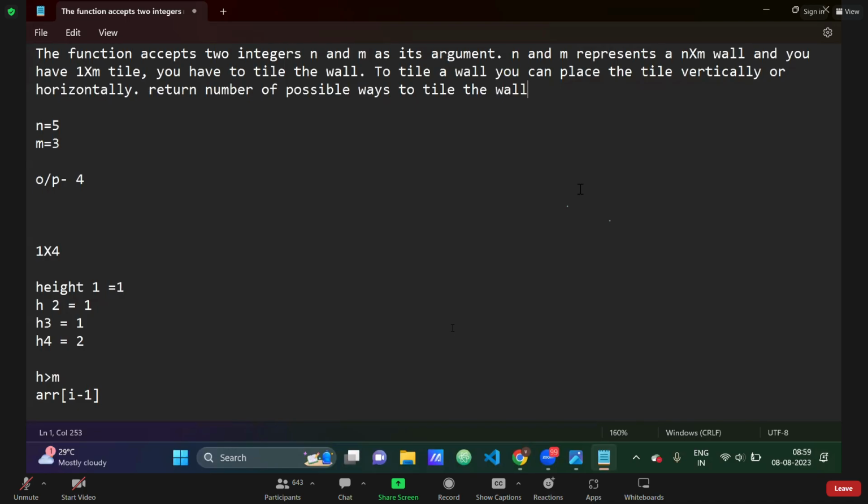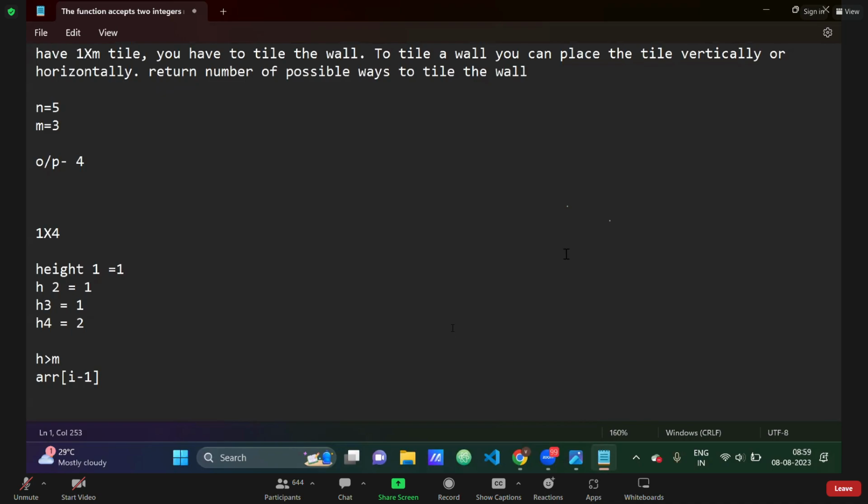For 5 rows and 6 columns, the answer is n. So you people understood this particular condition, right?